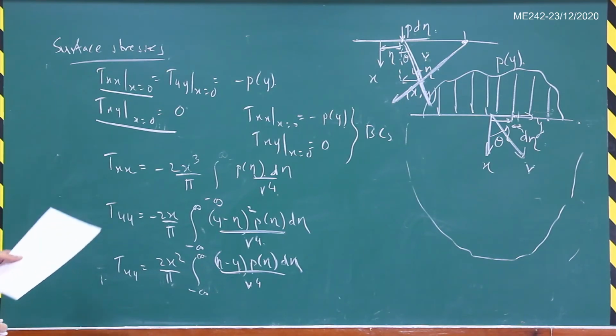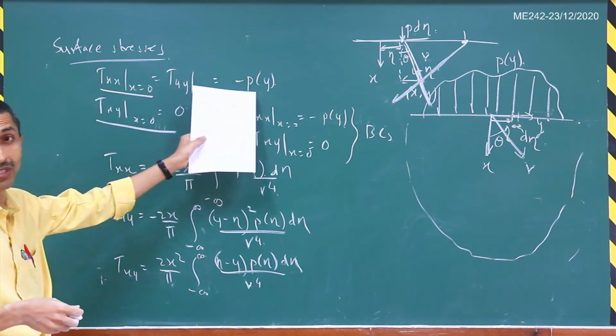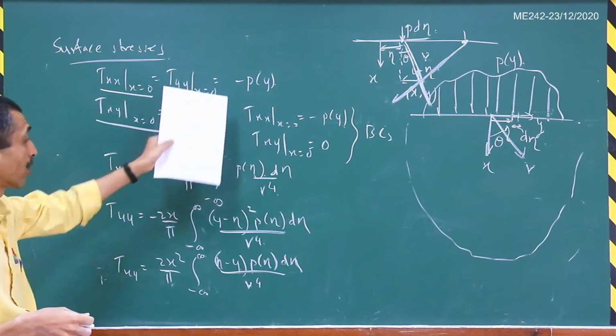but the result for tau yy is a little bit surprising, correct? So this is not at all obvious.